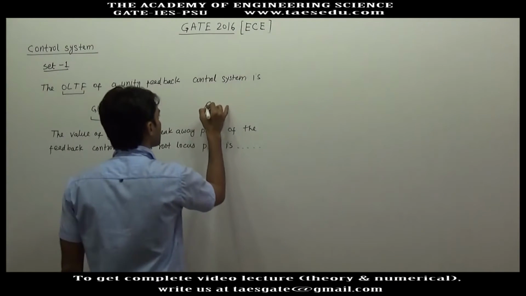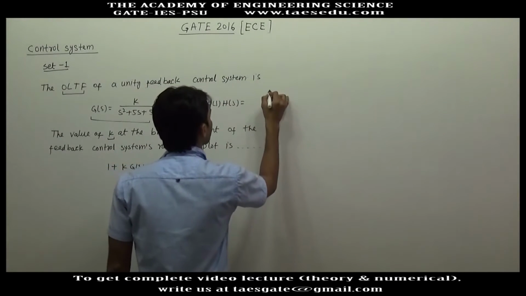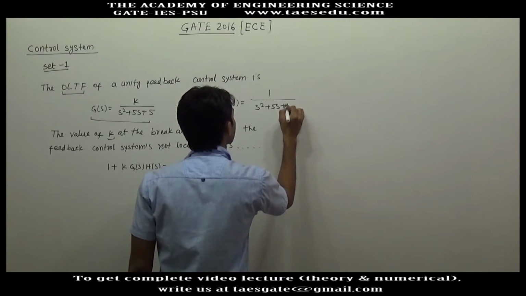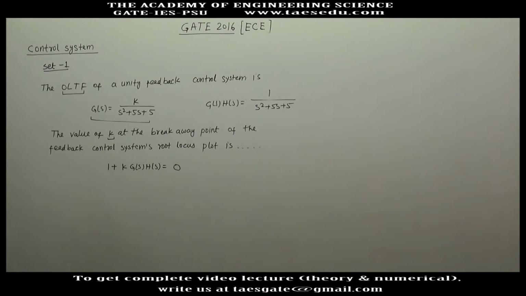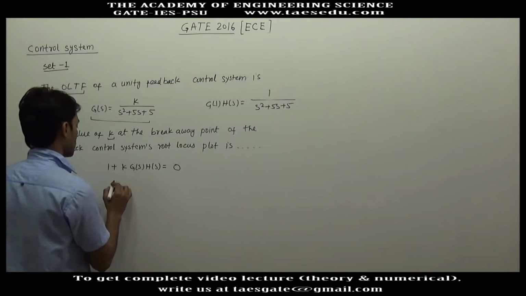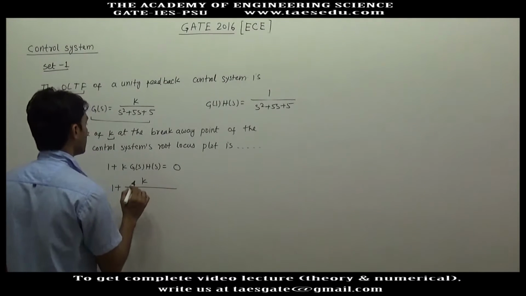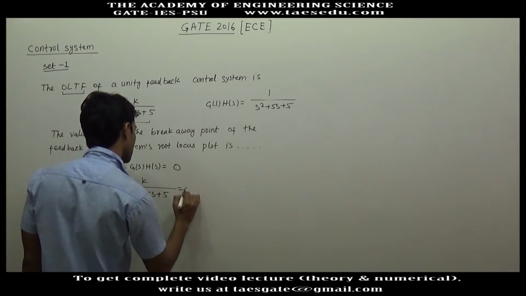In this question G(s)H(s) is given as 1 upon s square plus 5s plus 5. So 1 plus K divided by s square plus 5s plus 5 equals 0.